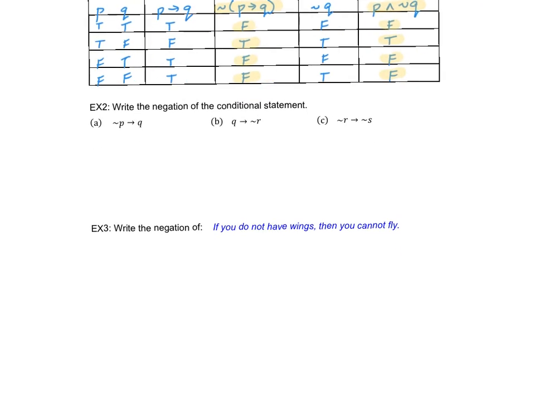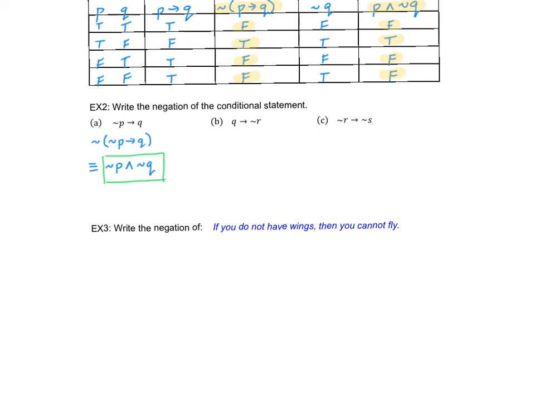So if I was going to write in part A the negation of the conditional statement, if not P, then Q, that's going to be equivalent to, remember we keep the first statement, so we keep not P, change to and, and negate the Q. So it's keep and negate. And this would be the negation of our original conditional statement.